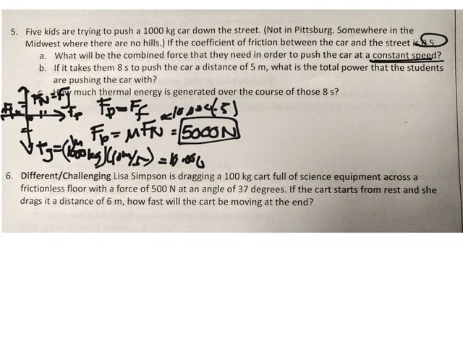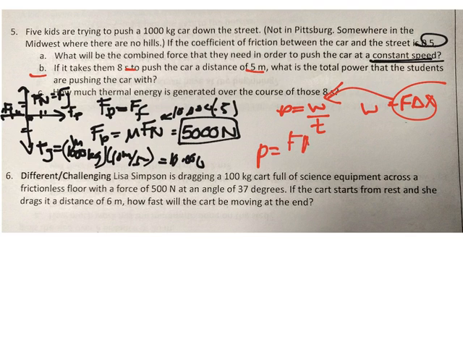Alright, B. If it takes them 8 seconds over a distance of 5 meters, this is where we have power, which is equal to work over time. We know work is equal to some force times a distance. So we can just plug this whole thing in for the work. So power is equal to our force times distance over time.